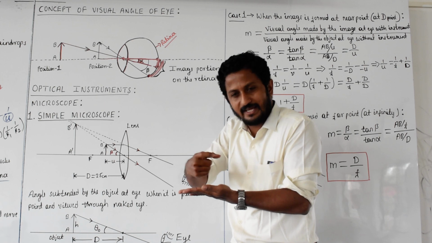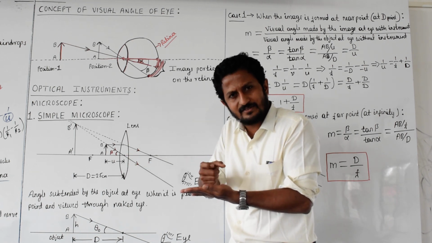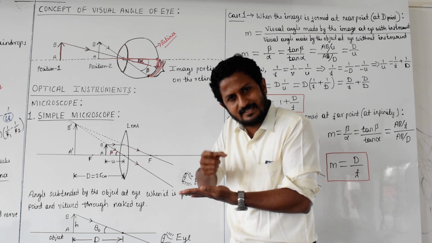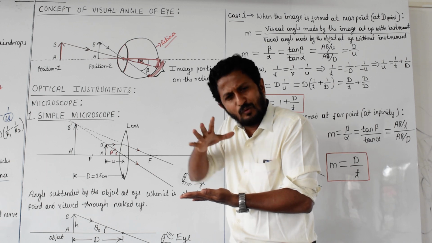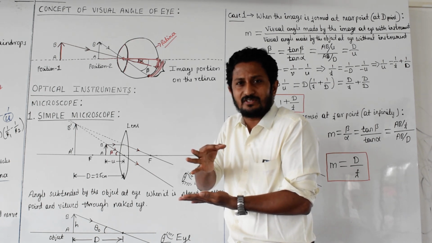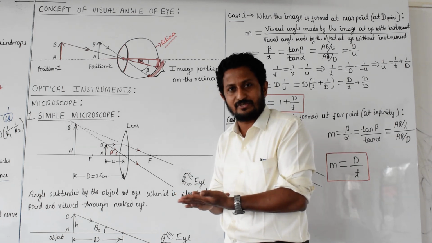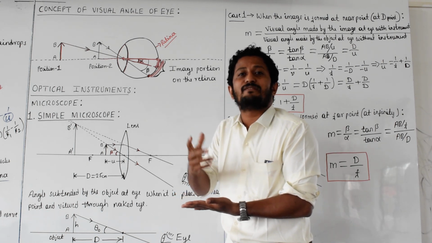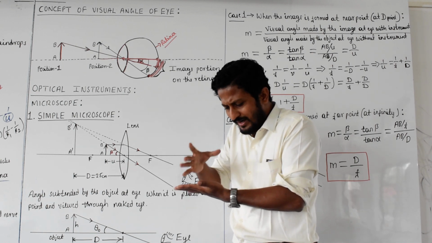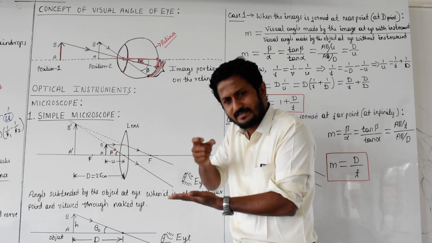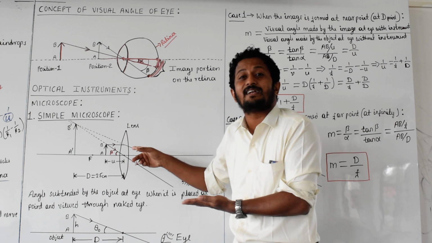Between them, you take that lens, and you move it like this. For one particular position, you will see a clear, magnified image. What exactly you are doing, we are going to understand with the help of this ray diagram.